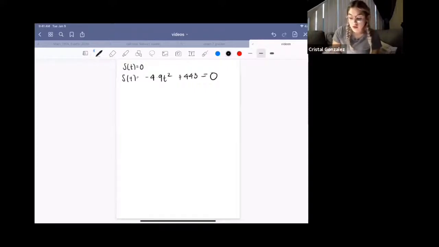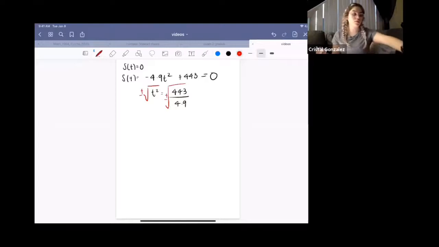So what we're going to do now is solve for t. We're going to move that 443 over to the other side and divide by 4.9 to get that t squared is equal to 443 divided by 4.9. And then we're going to take the square root of both sides. When we take the square root of both sides, I know that we initially write plus or minus, but it doesn't really make sense to have negative time. We're not talking about the past, we're talking about the present, moving forward.